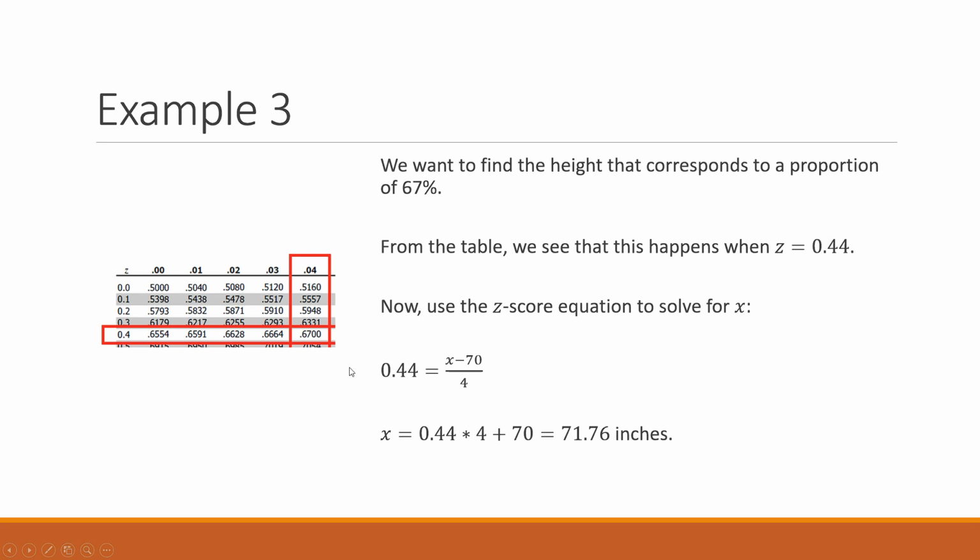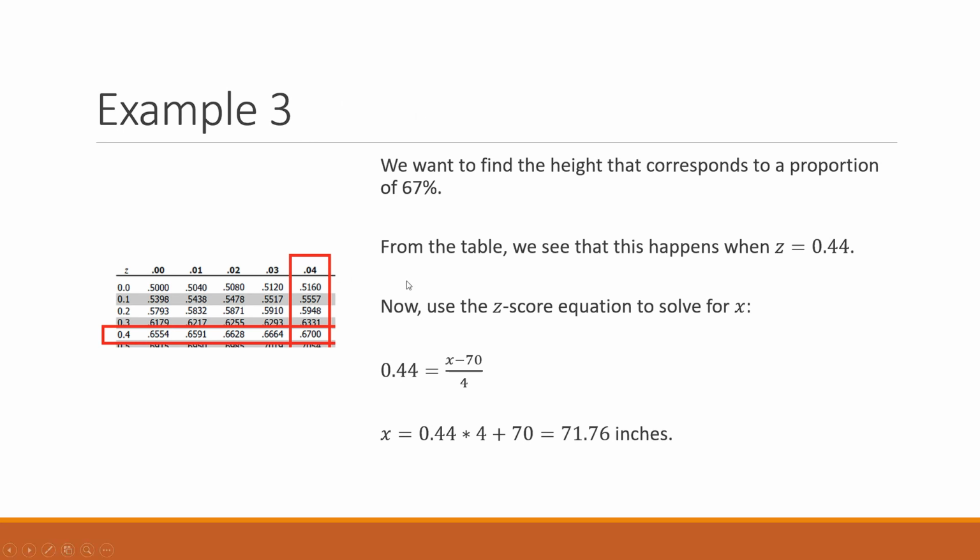All right? Now, we can't stop there. You can't tell me, oh, well, 0.44 inches, Mr. Terrell. Everyone that is at least 0.44 inches tall is in the 67th percentile, because that's not quite correct.